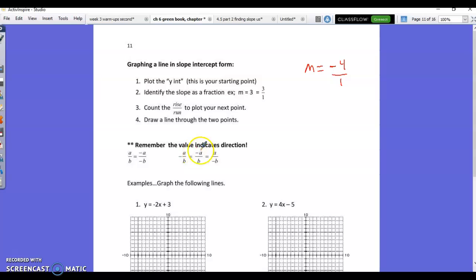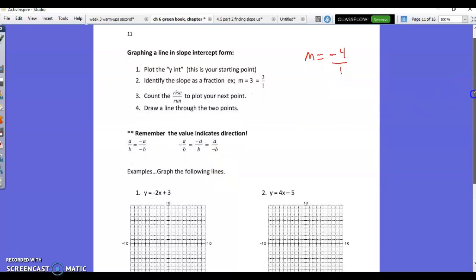That's why this one is showing it's associated with the top, and this one it's showing it's associated with the bottom. So for a positive, we can either go up and to the right, or we can go down and to the left, however many spaces indicated. But if we are dealing with a negative fraction, we can go down and to the right, or we can go up and to the left based on the bottom number and the top number.